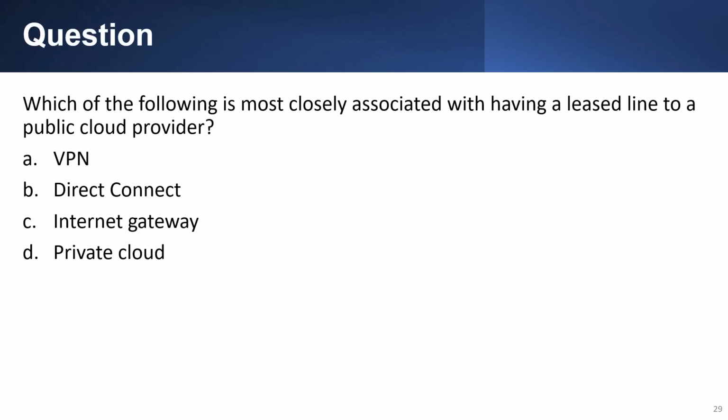Which of the following is most closely associated with having a leased line to a public cloud provider? Answer: Direct Connect.